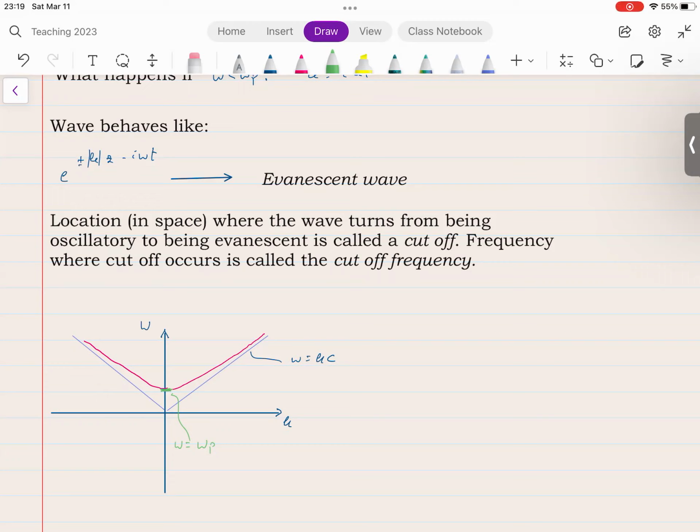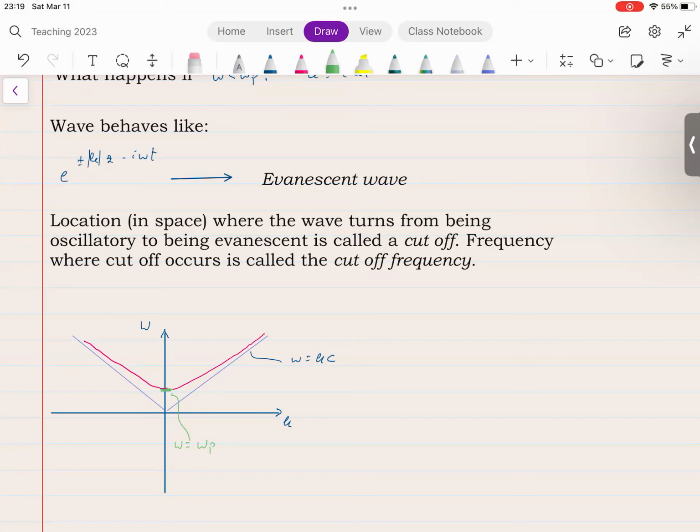And as I move through my plot, the point where the curve turns from giving me a value of k to not giving a value of k anymore is going to be the cutoff. Then, depending on how I'm plotting things, I may see it in terms of different quantities.